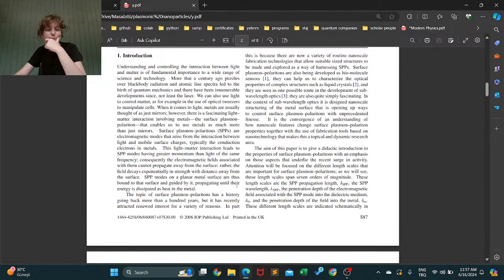So I read this part, which basically talks about the surface plasmon polaritons. It defines what the surface plasmon polaritons is. Basically an electromagnetic mode. The difference between an electromagnetic wave and an electromagnetic mode is that an electromagnetic mode has some boundary conditions to occur.